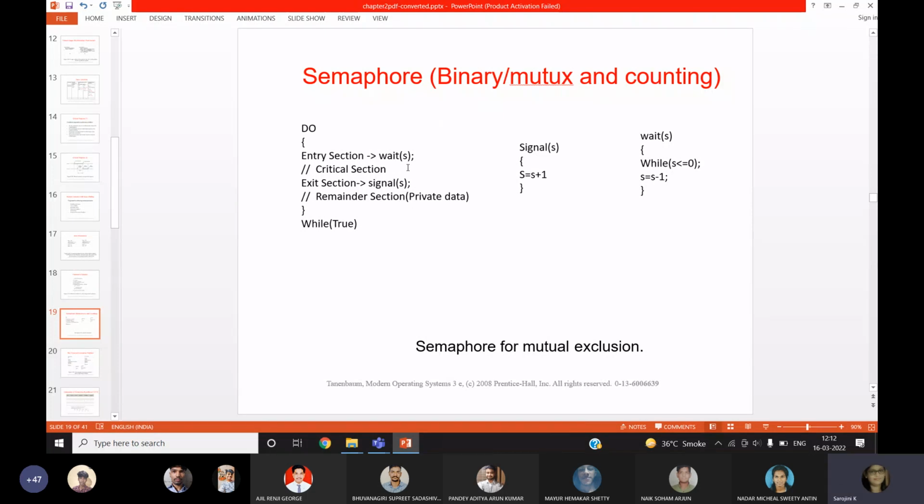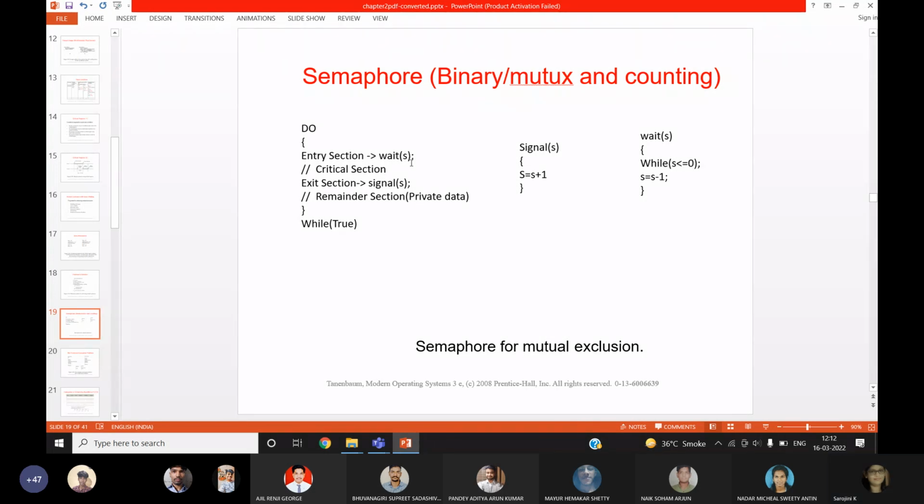Assume maximum 10 people can be inside one particular shop. So we are assuming that the initial value of semaphore equals 10. If only 100 people are allowed, you can keep S equal to 100. If 200 people can be allowed, you can keep S equal to 200. Just for simplicity, we have taken 10.